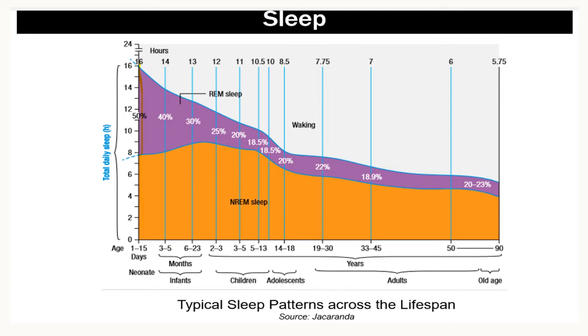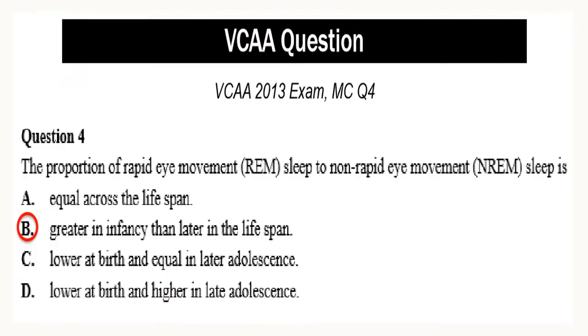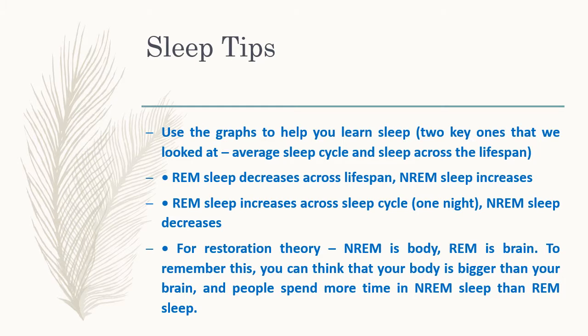As we go down, the amount of sleep needed goes down as well, and the amount of REM sleep goes down as well. So NREM goes up, and this is usually around the time that we are getting older or going through hormonal changes, so we need more time in NREM sleep, according to the restoration theory. And you can read this question and have a look.